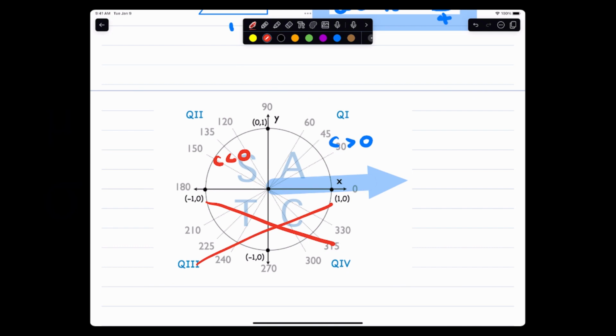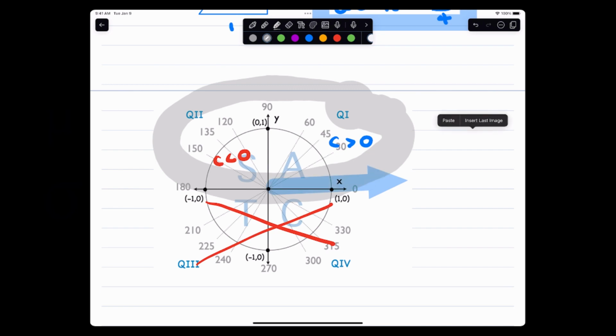Negative. So this is all defined only for those two quadrants.